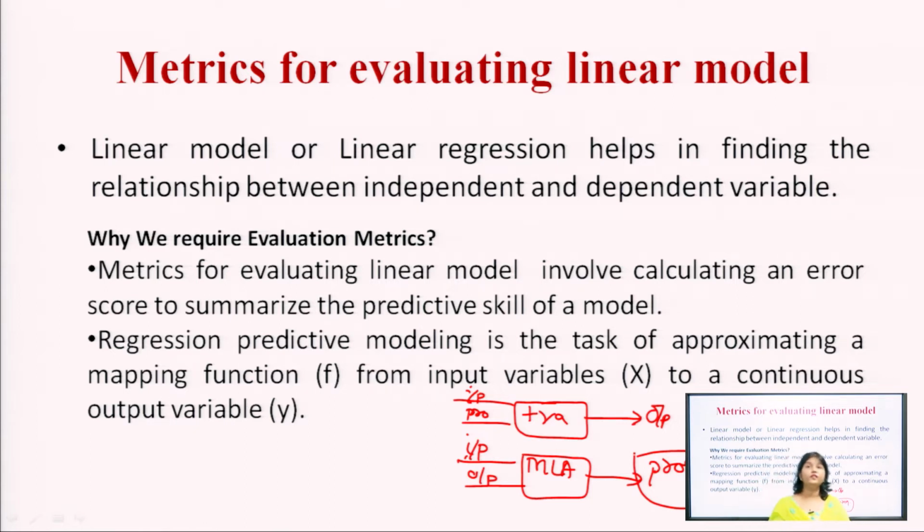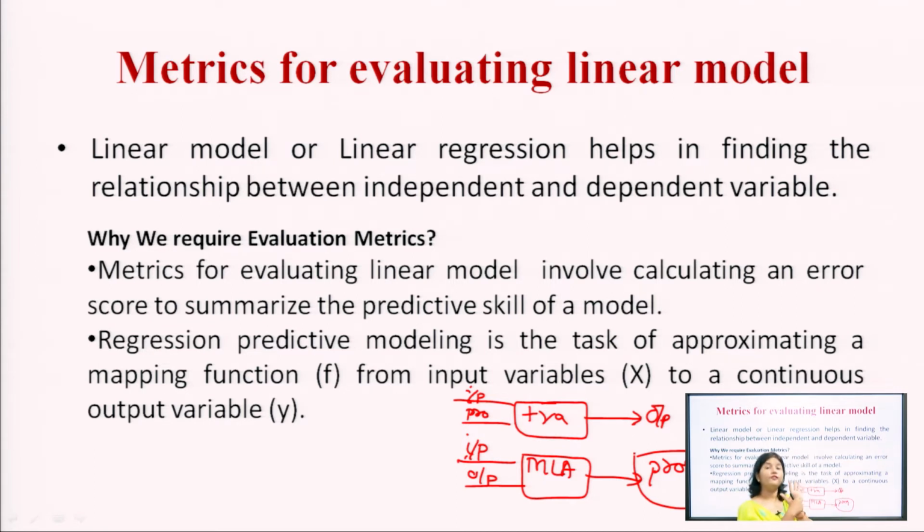So, what metrics are used for evaluating a linear model? I have told you, na, linear regression and classification. Linear regression basically works on the dependent and independent variable, is not it? The dependent variable is dependent upon the independent variable. As a student you are independent, and whatever the result of particular subjects is dependent upon your score, right.